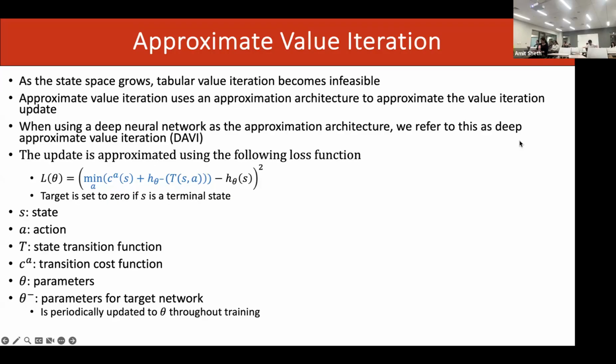You see here, we're training our neural network with parameters theta via some mean squared error to match this value iteration update. We can repeat this process over and over again, and hopefully we end up with a heuristic function that approximates H star within a range such that we're able to reliably solve problems and hopefully solve them efficiently.